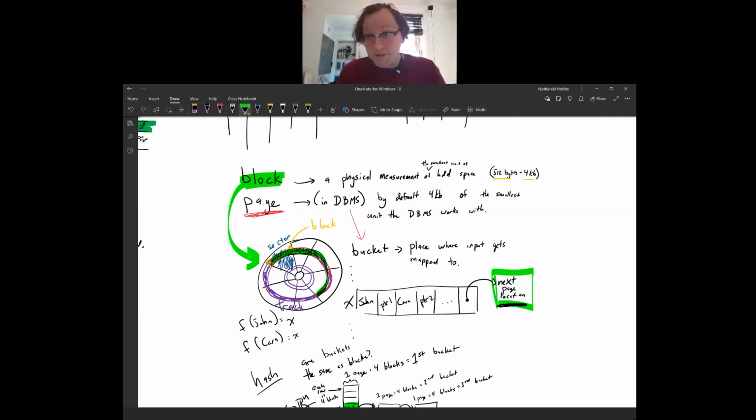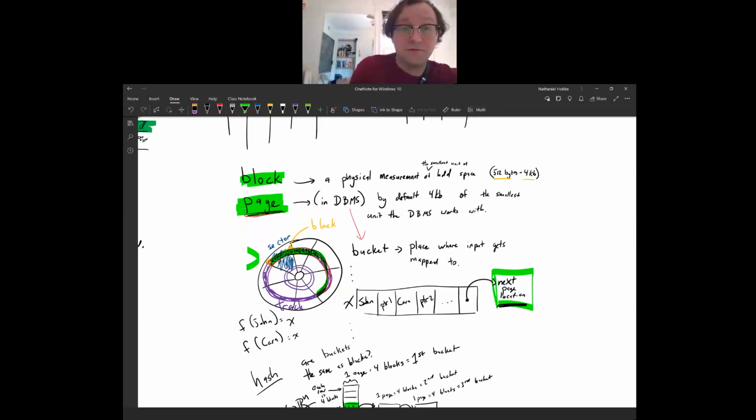A page is the smallest unit of data that a database can deal with. In SQL, I think the default is 4 kilobytes. So it could be that one page could take up multiple blocks.